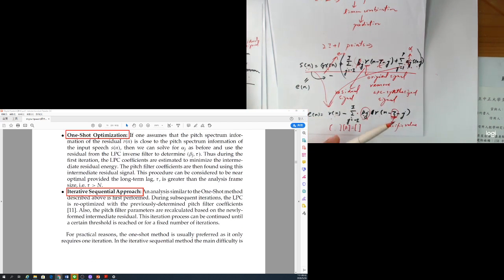For practical reasons, in most cases the one-shot method is usually preferred. It is just one iteration. We find your short-term prediction coefficient and also your long-term prediction coefficient.